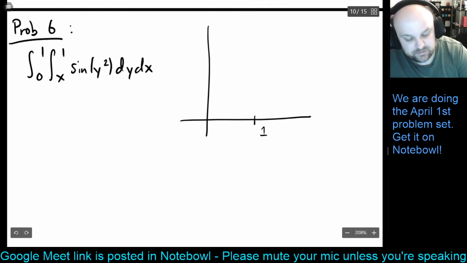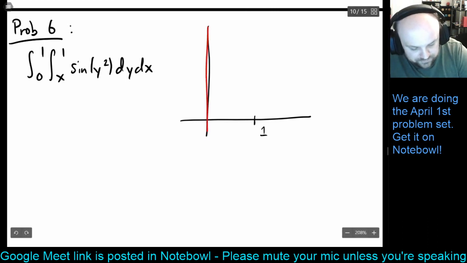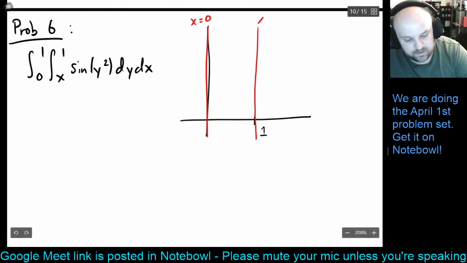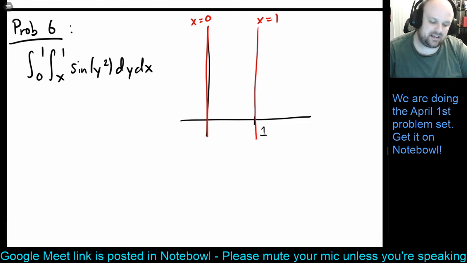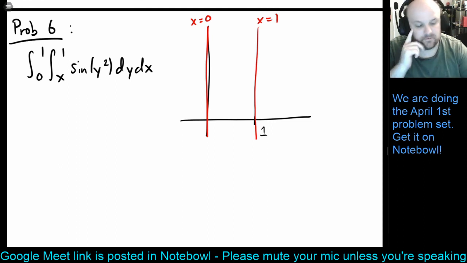I'm going to draw the equations x equals 0, x equals 1, which are the y-axis and this line. So start with the outside integral. You can start with the inside integral as well. I like starting with the outside one because it kind of cuts off the region you have to worry about.